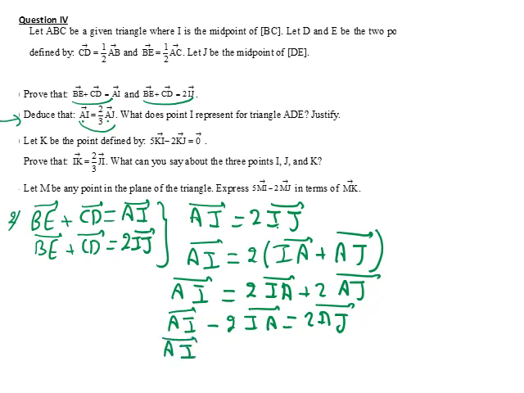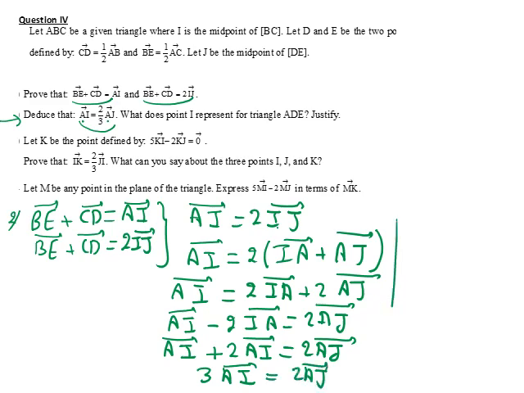AI plus 2AI, 3AI equals 2AJ. So AI equals 2 over 3 AJ.